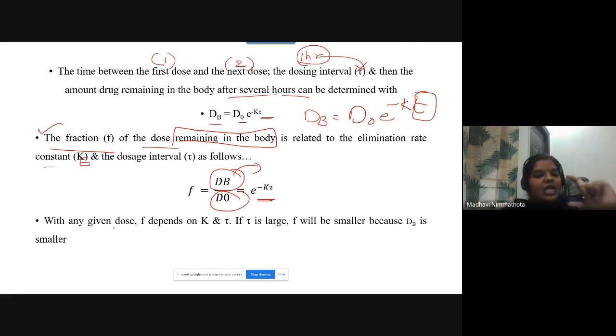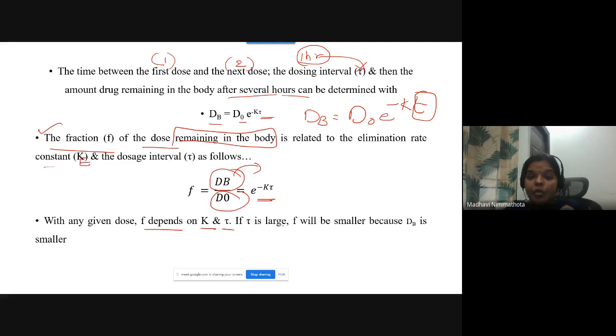With any given dose, the fraction of the dose remaining in the body depends on the elimination rate constant and tau. Here we have only two parameters, the elimination rate constant and the dosing interval.